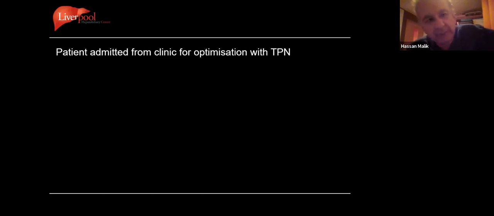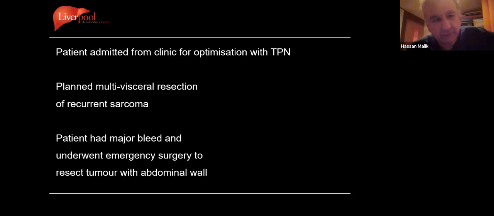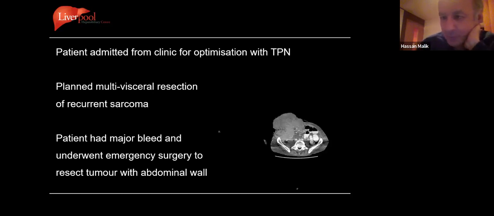So what we did is we admitted the patient for optimization with TPN. And we'd planned a multivisceral resection of this sarcoma. Upon the eve of the surgery, the patient had a major bleed and then had to go as an emergency to have this operation.